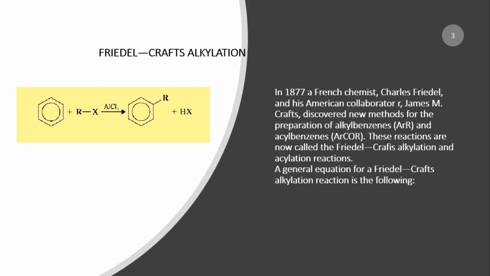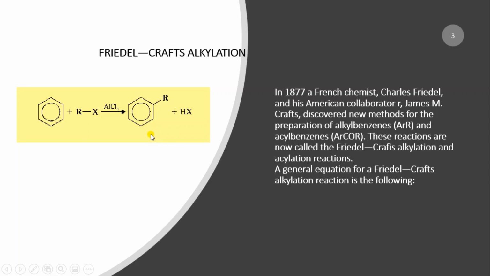So there will be a respective Lewis acid. For instance, if I am using the alkyl bromide, then I will be using aluminium bromide, AlBr3. If I am using the RCl group, then there will be AlCl3. The ultimate reaction will result in the alkyl benzene. That alkyl group will be attached to the benzene ring through the electrophilic substitution reaction.